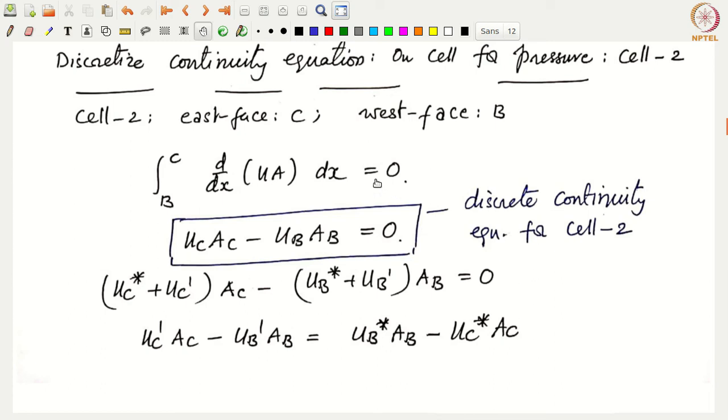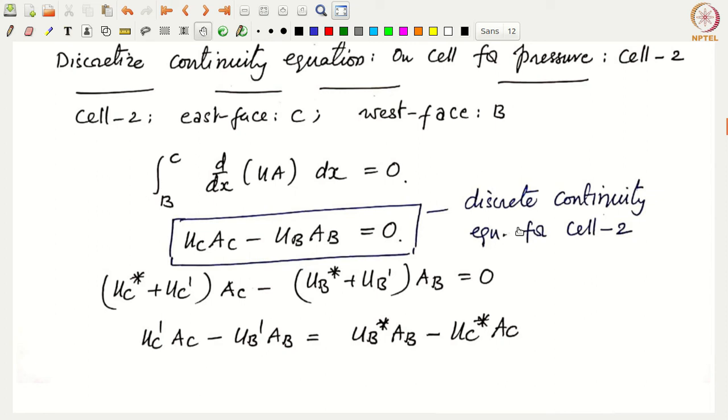Okay. So that's what is given. That means if you integrate this, you get UA, and if you substitute the face values, what you get is UC AC minus UB AB equals 0. So this is your discrete continuity equation for pressure cell 2.